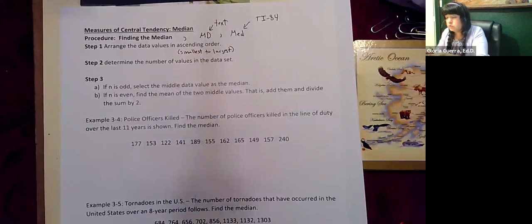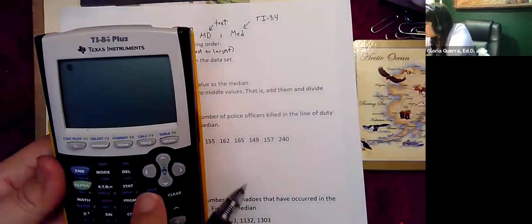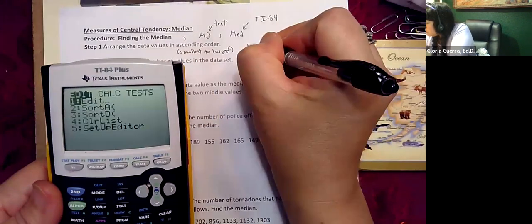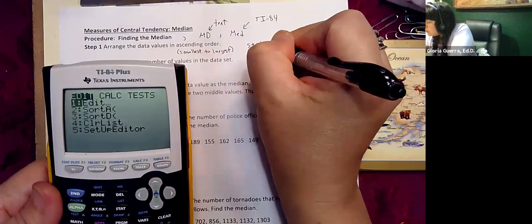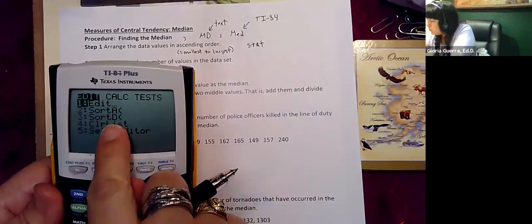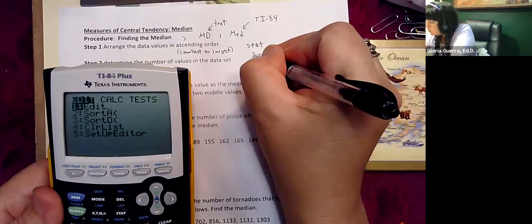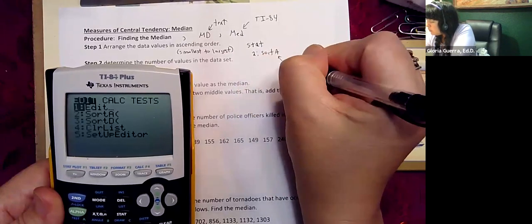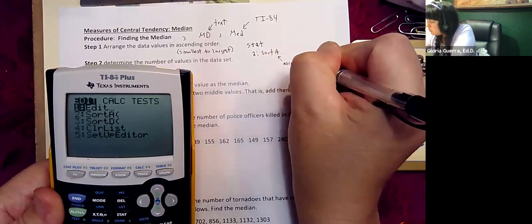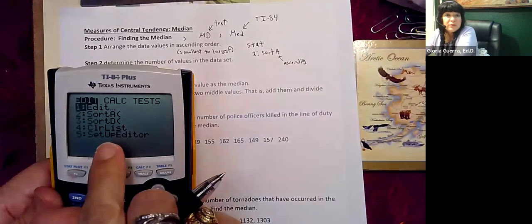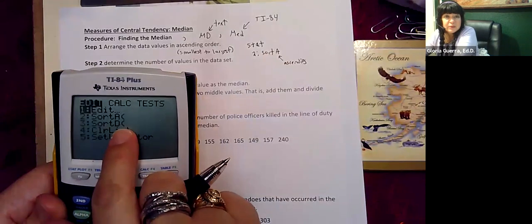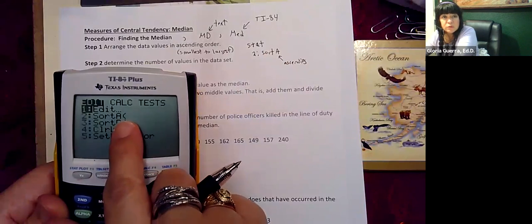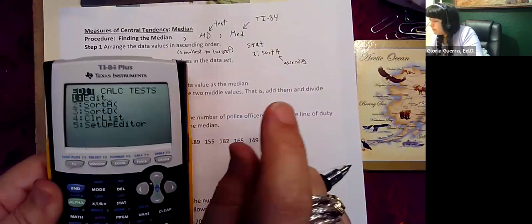Once you put your data in, if I go to stat, see right here, sort, that's number 2, sort A, and that stands for ascending, smallest to largest. Sort D, number 3, is for descending, so that's largest to smallest, okay? But we want sort A, number 2. So just keep that in mind.